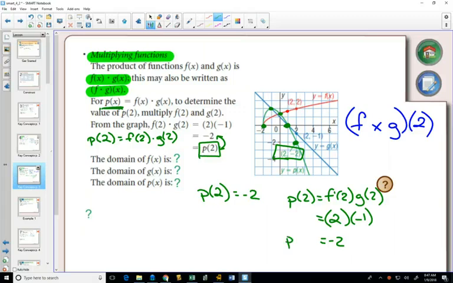So I know that P of 2 is equal to negative 2. And that's normally how you would probably write it. They've done something similar, but they started with this, said it's equal to this, it's equal to this, and since this is equal to P of 2, this is equal to that. And that's the notation that they've used.